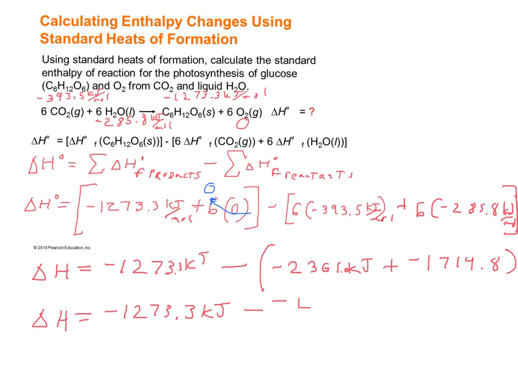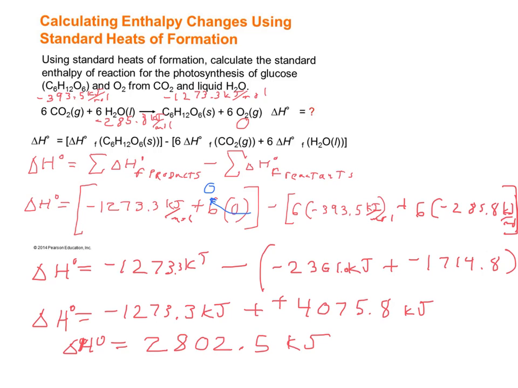Got a negative 4.0758 kilojoules, and a negative times a negative is a positive. And that's going to give me a delta H of a positive 2802.5 kilojoules for my standard change in enthalpy.